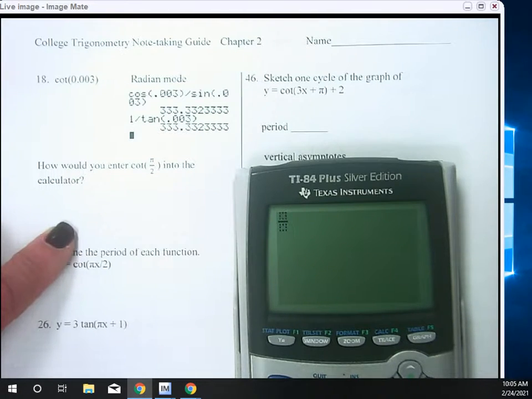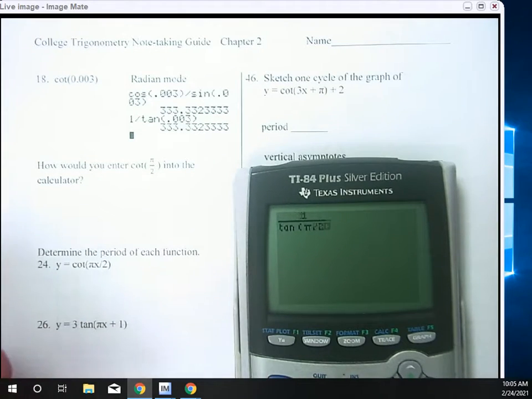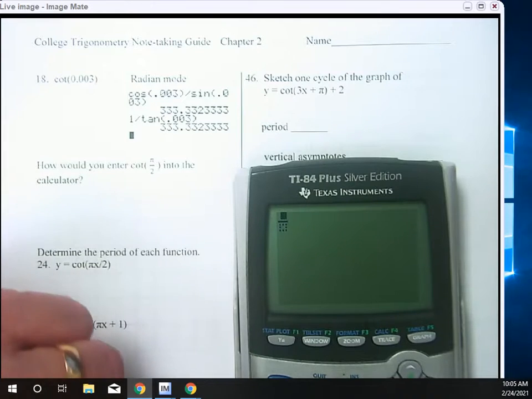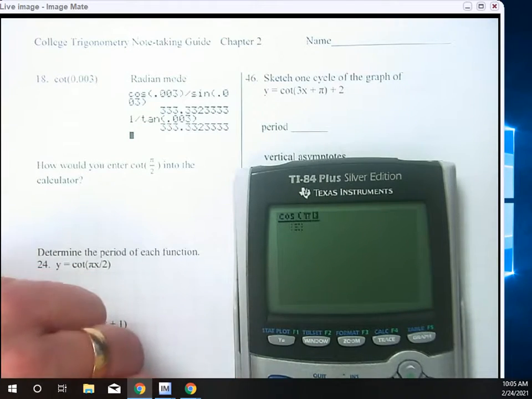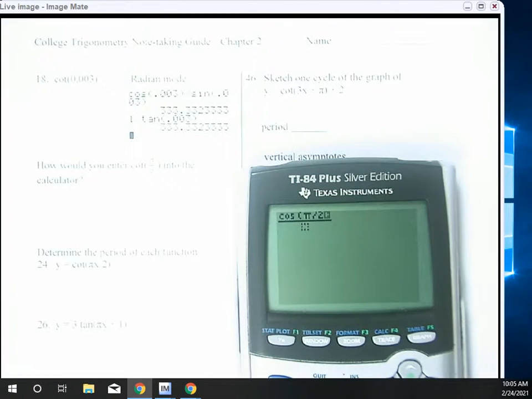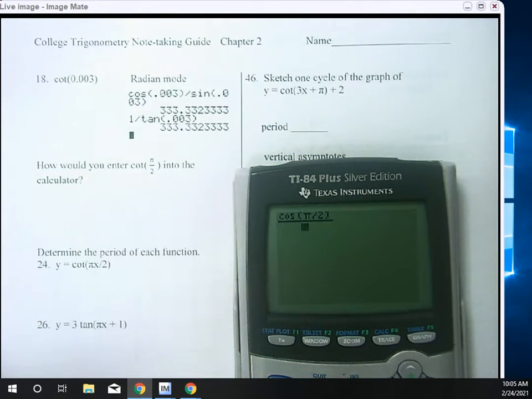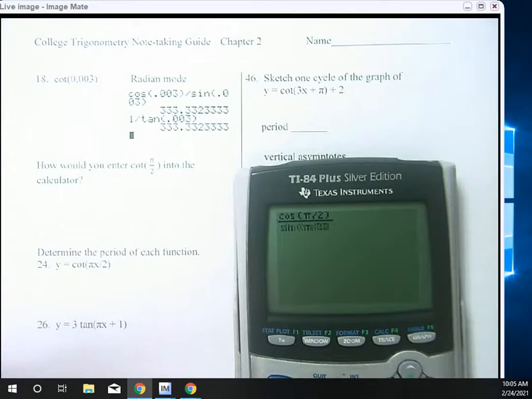Now, how would you type in the cotangent of pi over 2? If we did 1 over our tangent of pi divided by 2, the calculator doesn't like that. It says there's an error. But if I type in the cosine of pi over 2 divided by the sine of pi over 2, then the calculator is perfectly all right with it.